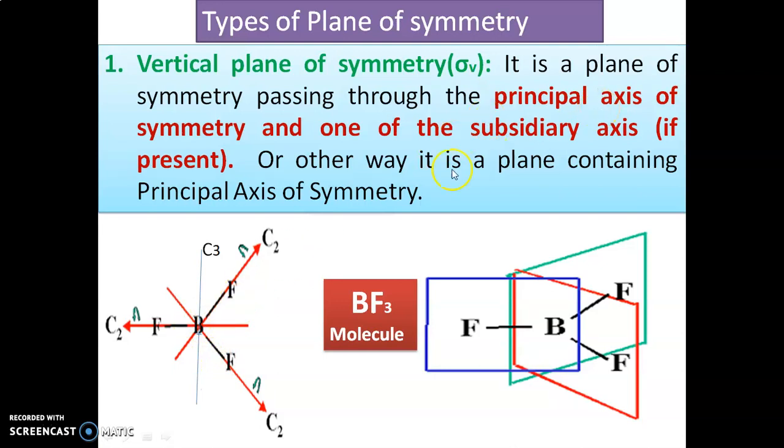The planes pass through the principal axis, so we look here at 3 planes. One plane passes through this BF bond, another through this BF bond, and another through this BF bond. So there are 3 sigma v planes passing through the principal axis, found in the BF3 molecule.